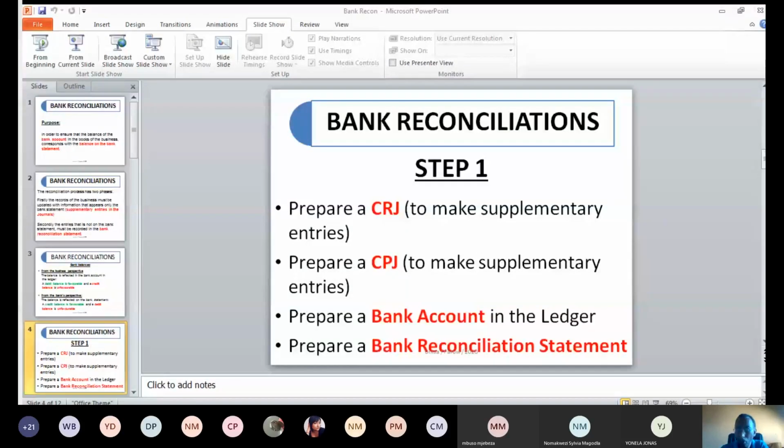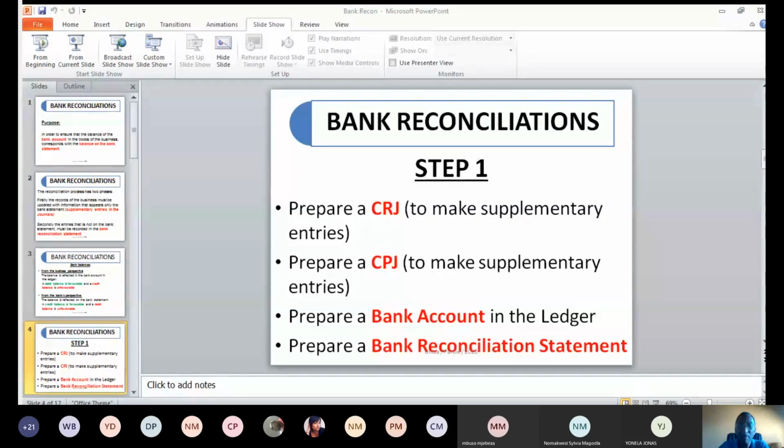You record the amounts on the debit side of your bank reconciliation statement, but you will have to indicate the check numbers and the amounts for each individual check.